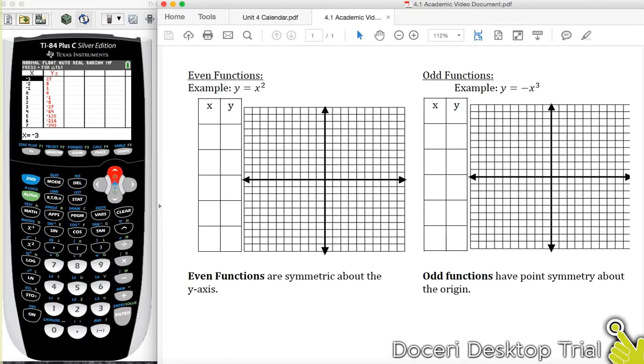I'm going to copy negative 2, 8; negative 1, 1; 0, 0; 1, negative 1; and 2, negative 8.